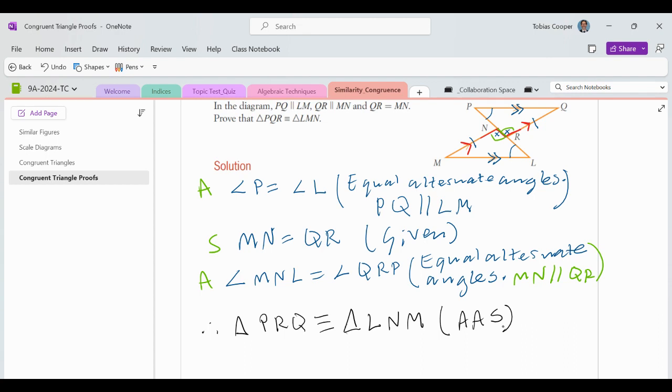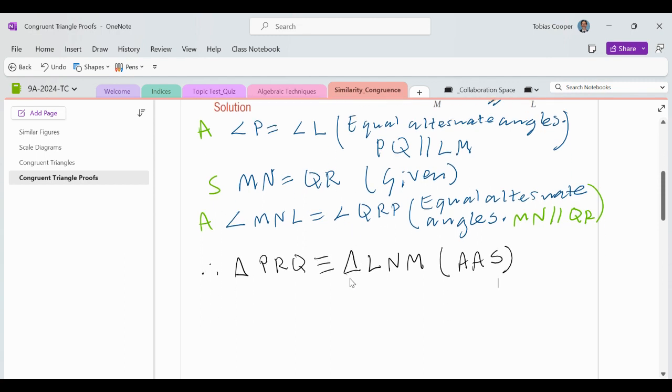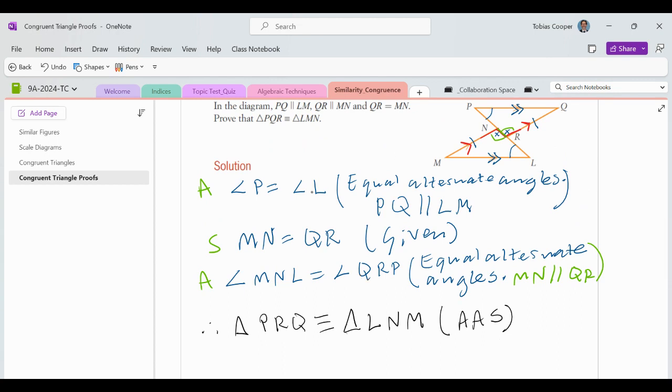Okay, so you could have put, no, actually that's it. That is the reason. Okay, so just reviewing that, when things are equal, you have to give a reason. You have to say which lines are parallel if there's parallel lines. If two sides are equal length, and that's given to you in the question, you've got to write given.